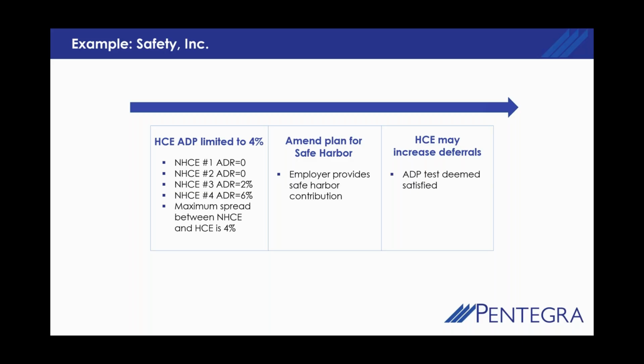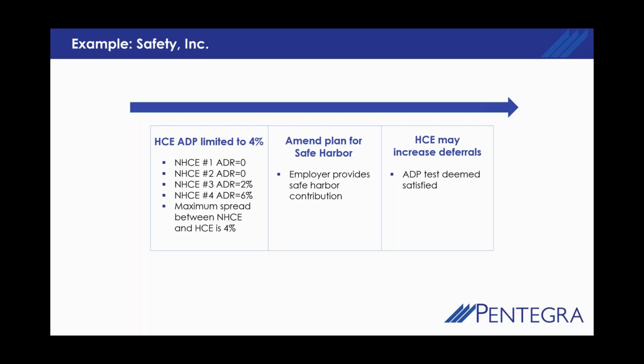If we amend to a safe harbor, it takes away that ADP test. It goes away. And so now that highly compensated employee can automatically defer the maximum each year, whatever that cost of living number is. Now, it does have a flip side. It's never a simple thing, purely one way. If we go to safe harbor, the employer is now committing to make a certain contribution to that plan.